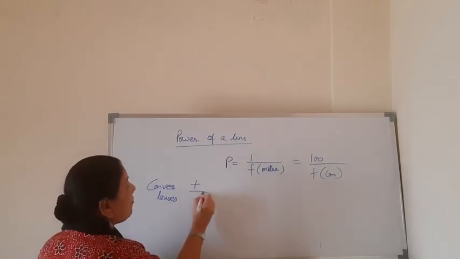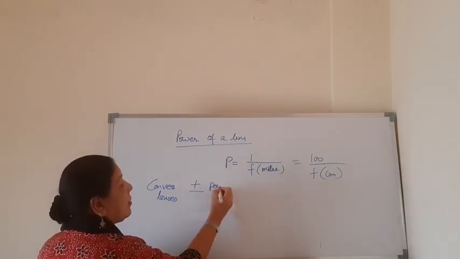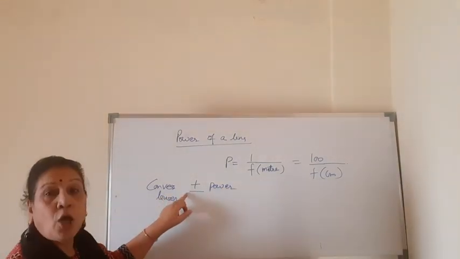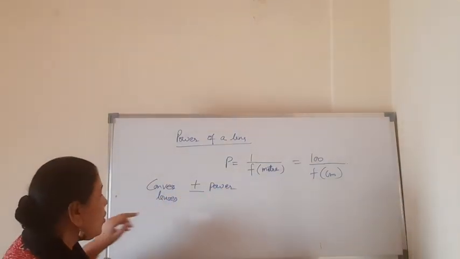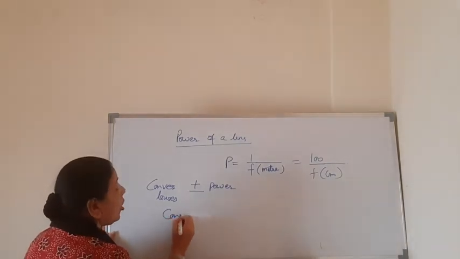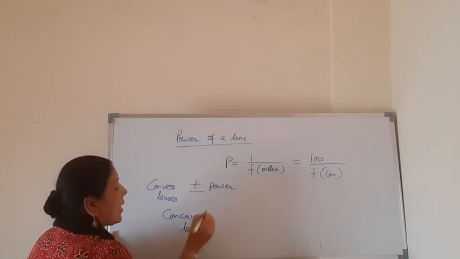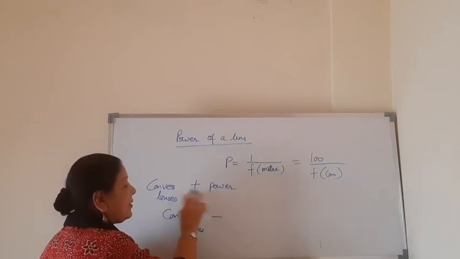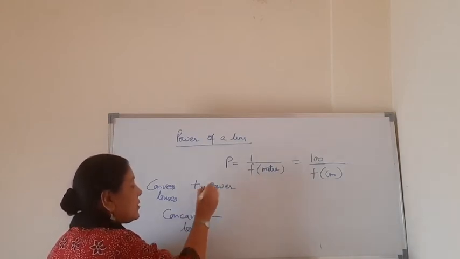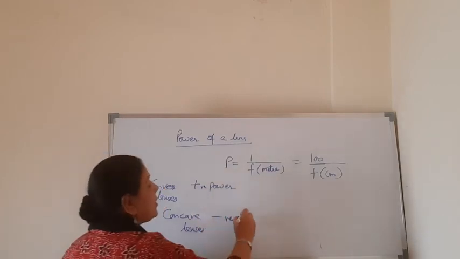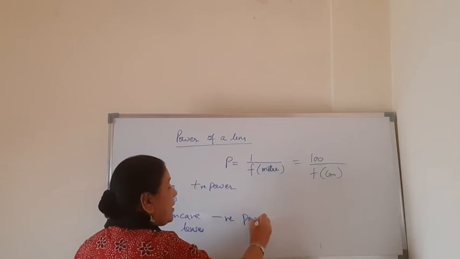So when we have the positive power of any lens, it means it's a convex lens. You also know that concave lenses have negative focal length. So the power also will be negative.